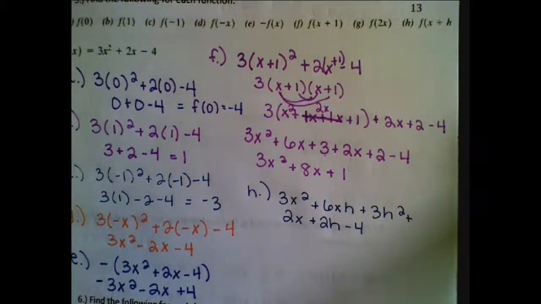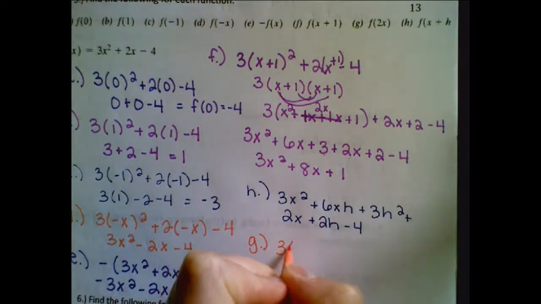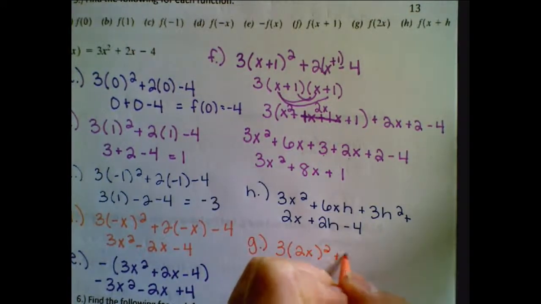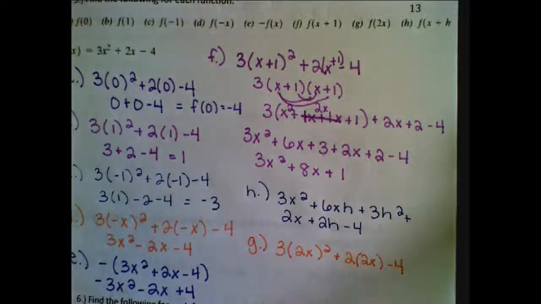Then I'm going to do G for you. Every x, I need to replace it with 2x. This is G. So I'm going to have 3 times (2x) squared plus 2 times 2x minus 4. I'm going to start with that squared.